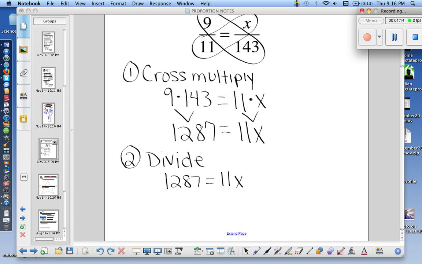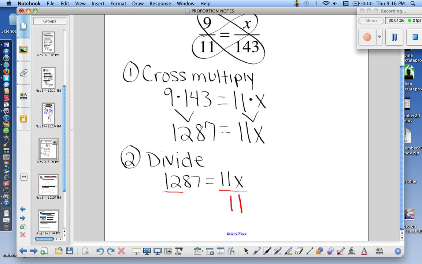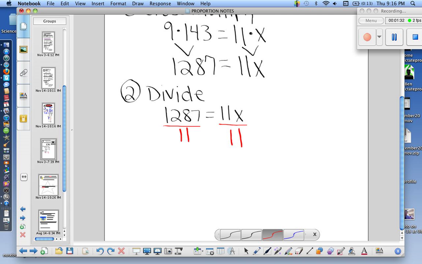So the second step after we cross multiplied, we need to divide so that we can get x all by itself. So we need to divide both sides by 11, so that we can get x all by itself.